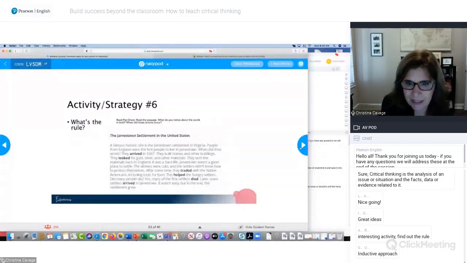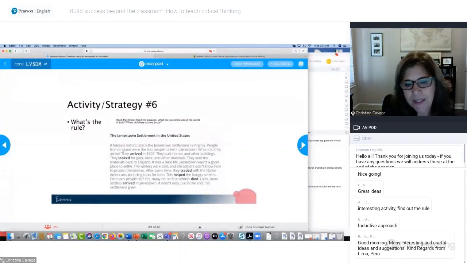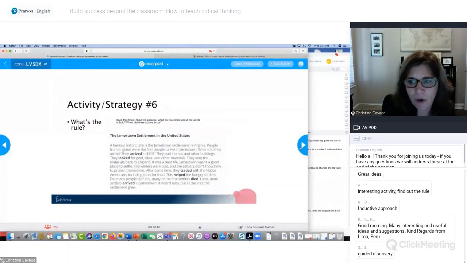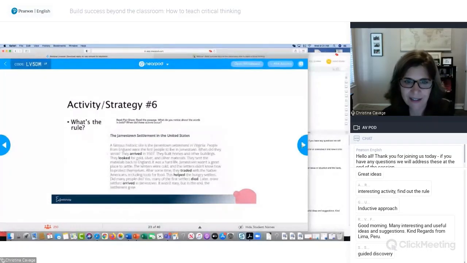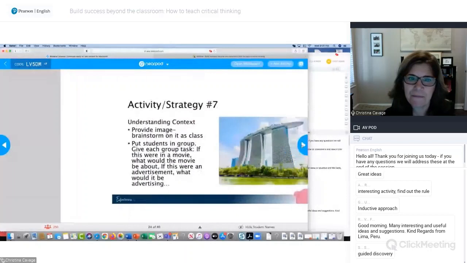Arrive already has an E. Okay, what about die? So letting students deduce the rules also helps their language learning immensely. Because if students can formulate the rule in their own words, that tells me that they're really understanding the rule. So that's our activity 6.